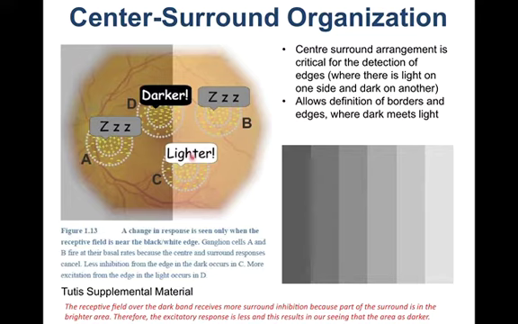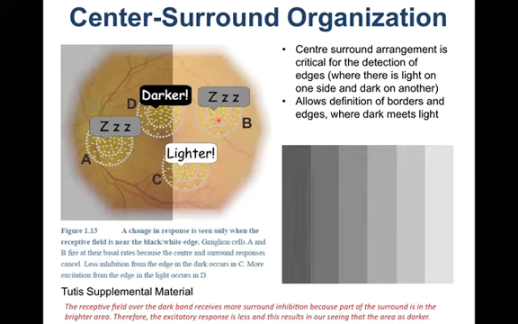However, the ones that are at the border, where they have part of their center surround system in one area of luminescence and part of their center surround system in another band of luminescence, those are giving more information. So this one will be saying lighter, this one will be saying darker, and so the boundary between the two is accentuated, okay? Because the ones that are in the middle are sleeping.